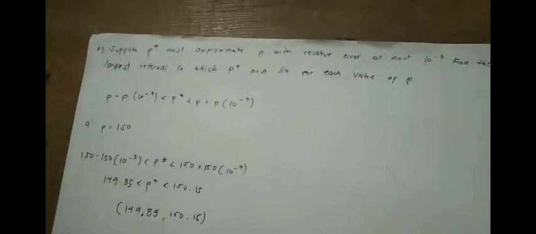So this is number 3, the last number of the assignment. Suppose P asterisk must approximate P with relative error at most 10 raised to the power of negative 3. Find the largest interval in which P approximate, P asterisk, must lie for each value of P. If you read that problem intensively, it is more like number 2.